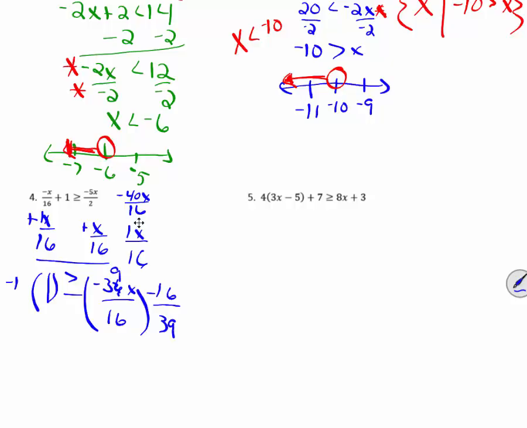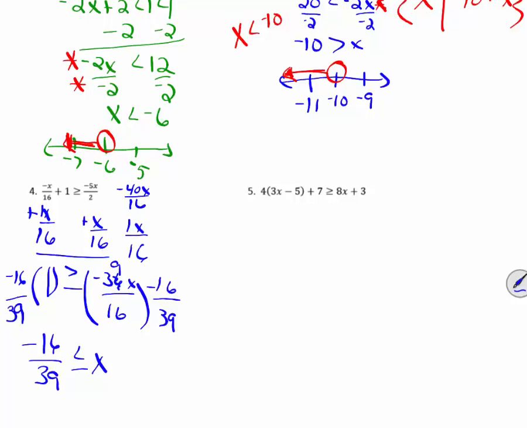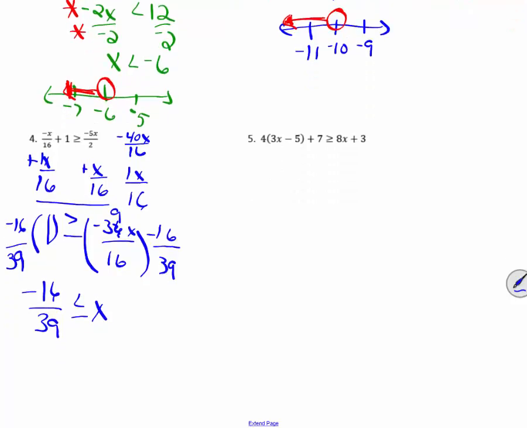And because I am multiplying by a negative, my sign's going to flip. So negative 16 over 39 is less than or equal to x. You could have absolutely done that on your calculators, but it probably was going to give you a weird decimal. Turn it into a fraction so you don't have to write so much.